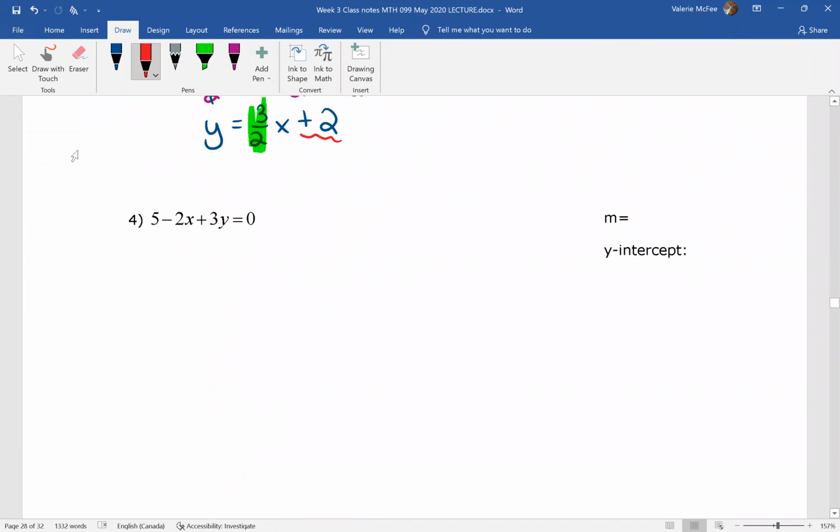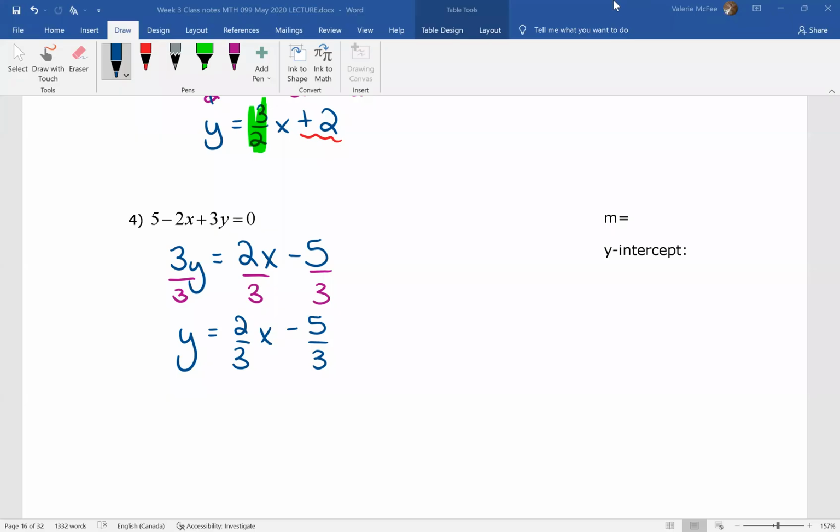Pause your video and try finding the slope and the y-intercept for question 4. After you find slope-intercept form, we can see m, the slope. We can see b, the y-intercept.